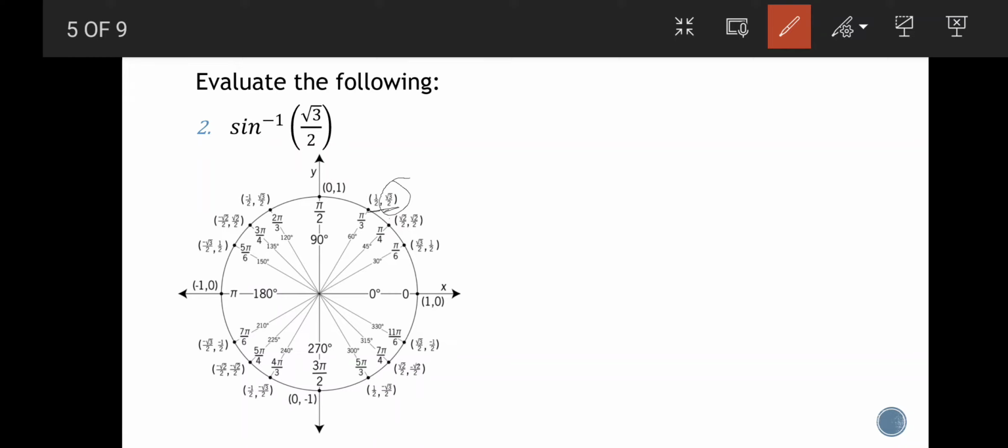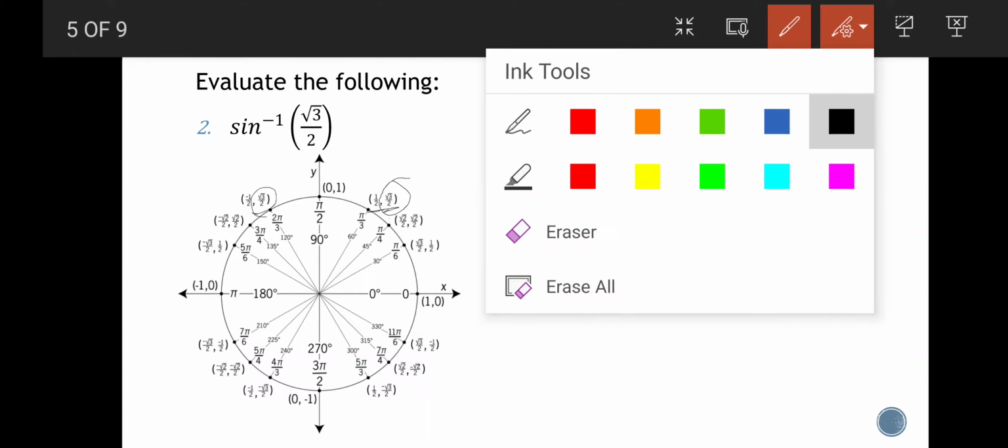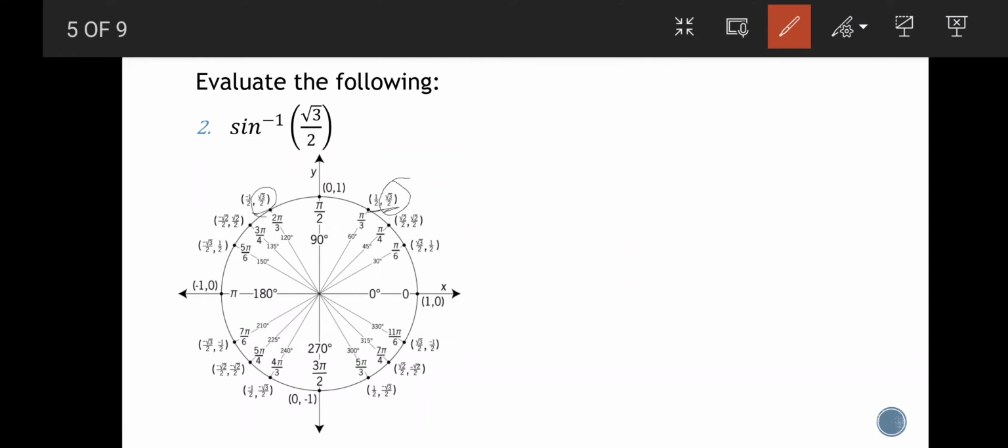What else? We also have 120 degrees, which also has the square root of 3 over 2 y coordinate. So our possible answers are 60 and 120 degrees. However, again, we go back to the range of our function.